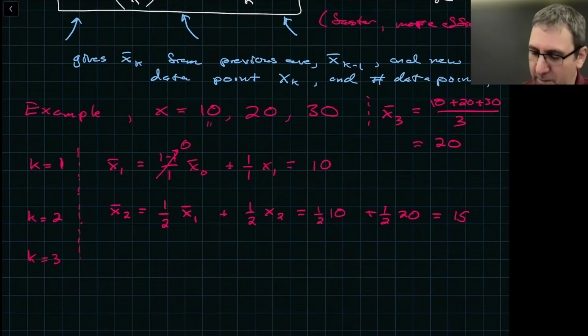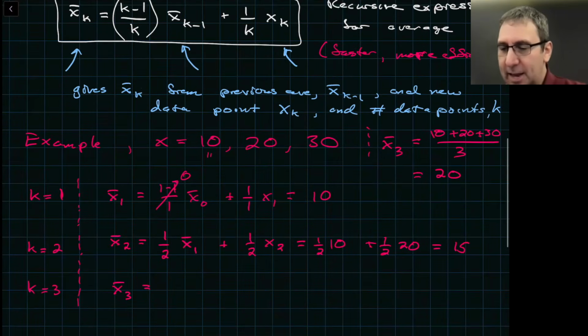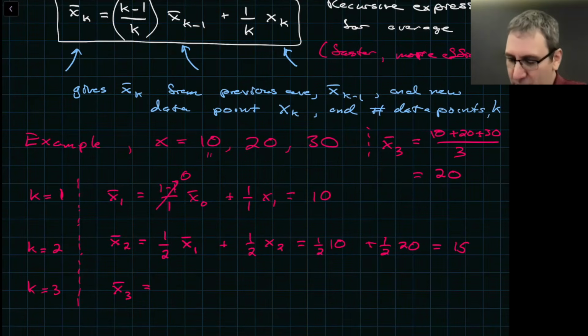K equals 3. Well, we expect it to be the same, but written in the recursive form, X bar 3 equals, so now K equals 3. K minus 1 over K is 2/3 the previous estimate, plus now 1 over K, 1/3, the new data point.